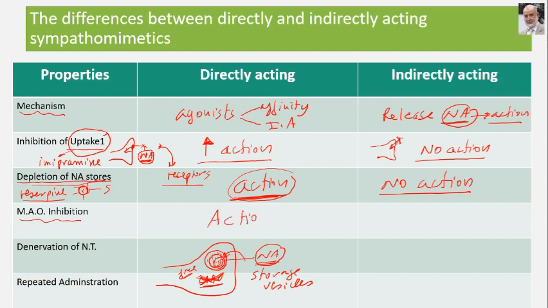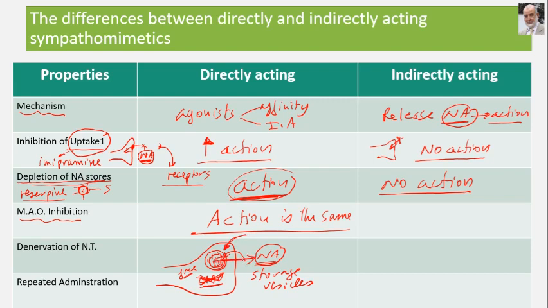Why? Because they act on the receptor. They have nothing to do with the amount of noradrenaline stored. But indirectly acting ones, as we have said, will enter the nerve terminal first, and then they displace noradrenaline.